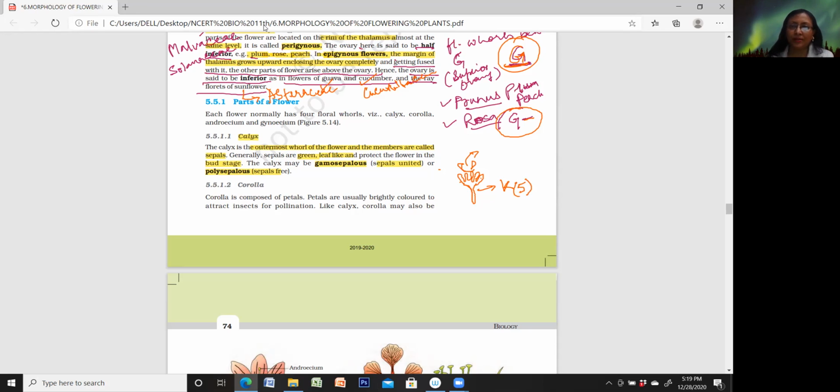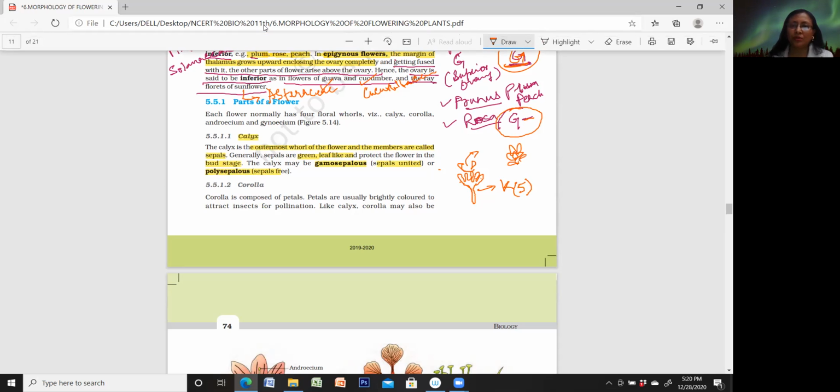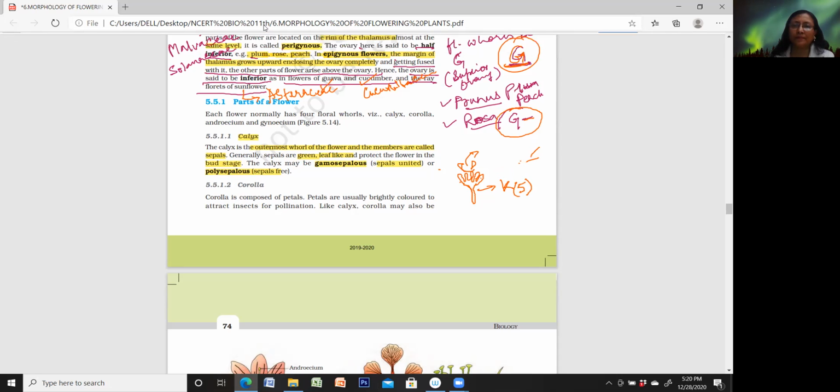Okay, but in a flower where you may find that the sepals are all separate, and you can take off each one separately, you just call this condition polysepalous.